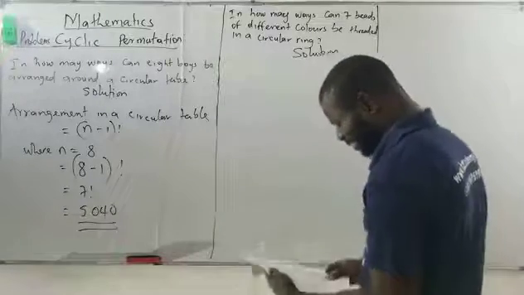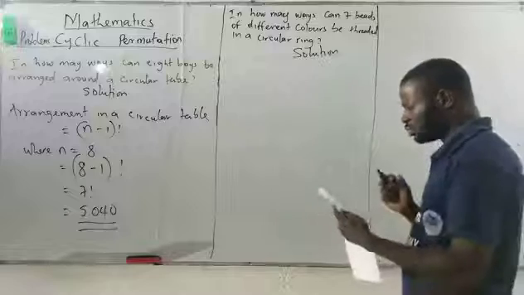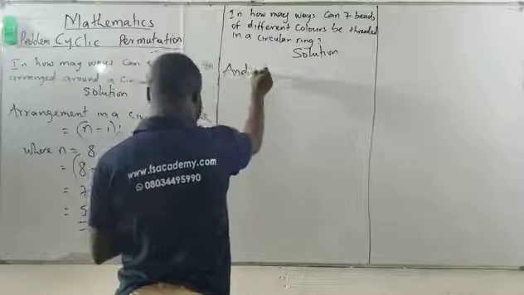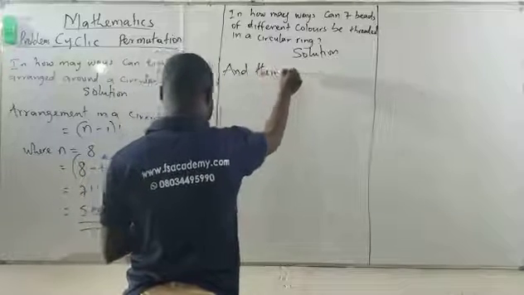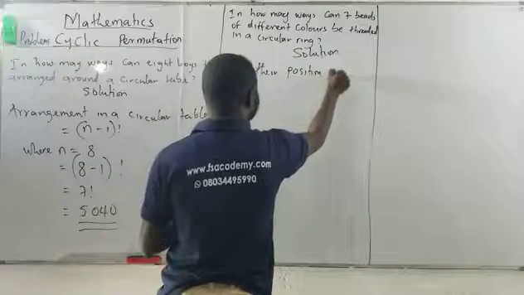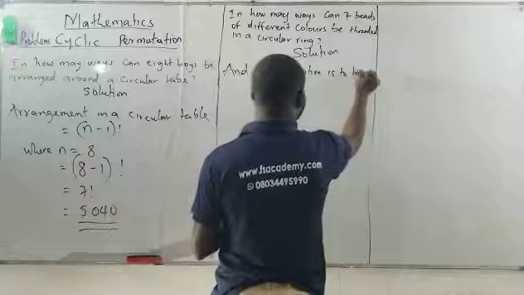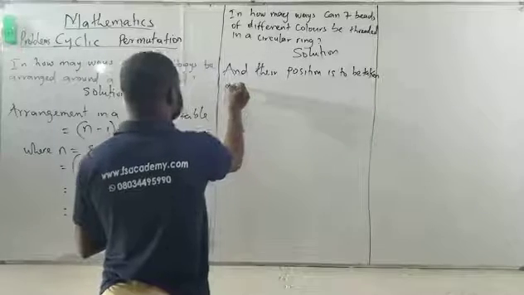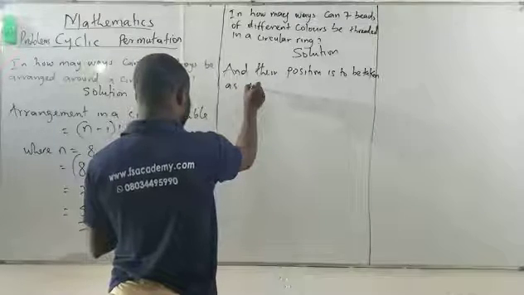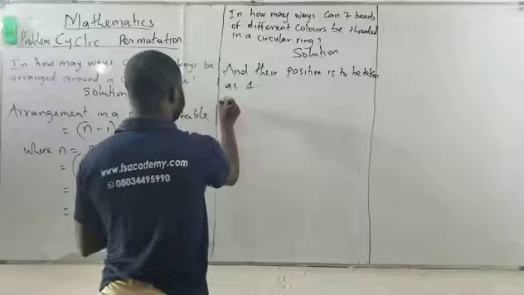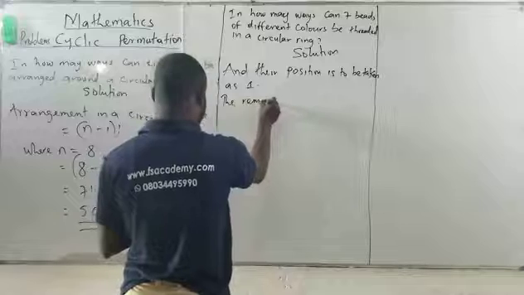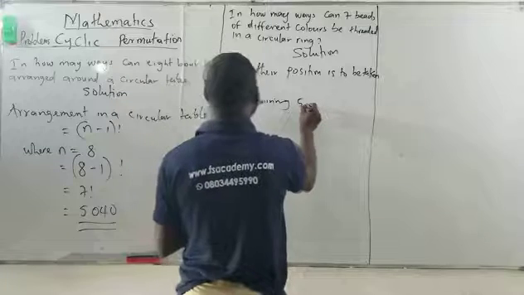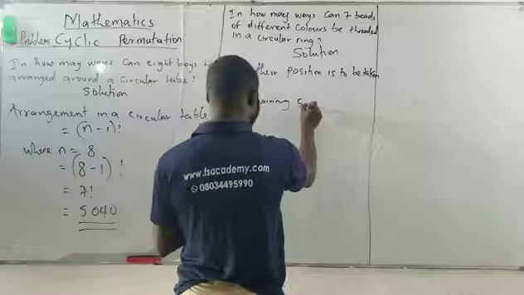When you're talking about that, you must understand that a position, let me quickly write a note, and their position is to be taken as one. Now the remaining five.